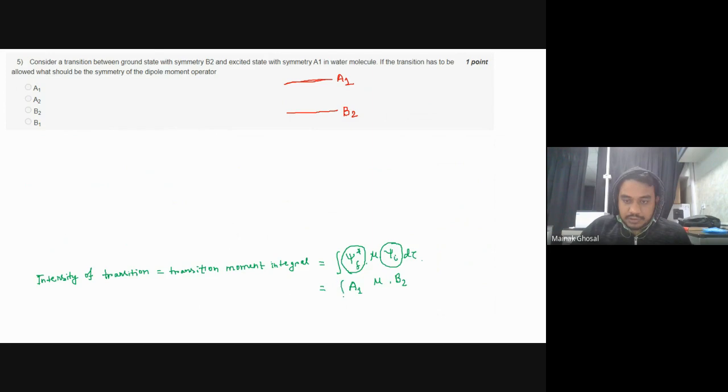So you need to tell what should be the symmetry of this one such that this integral is non-zero. So this is the question: what should be the symmetry of mu so that this total integral is non-zero. So what should be the answer?